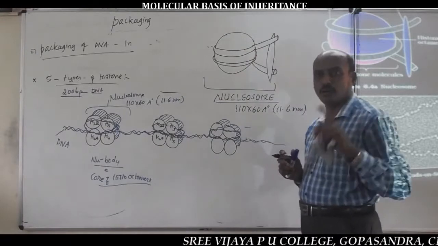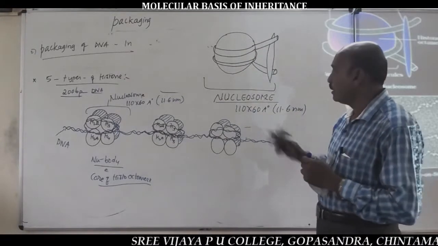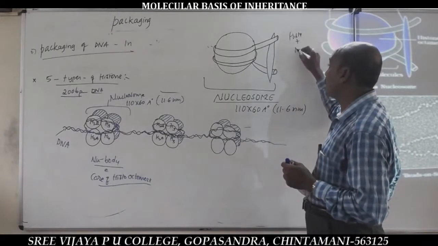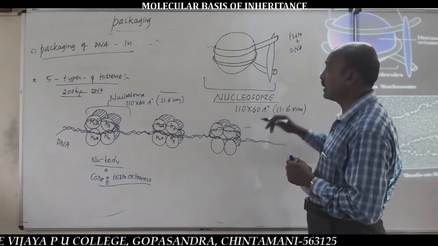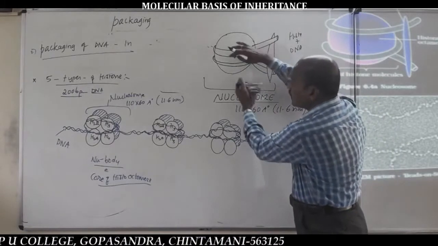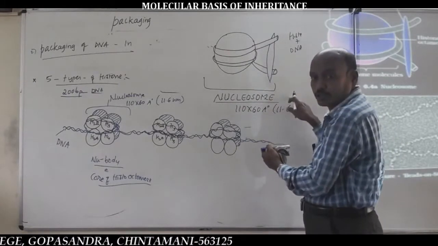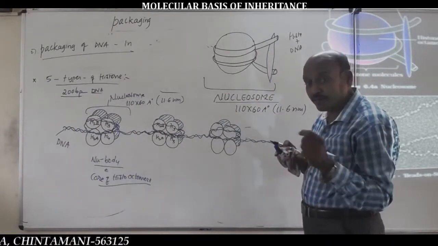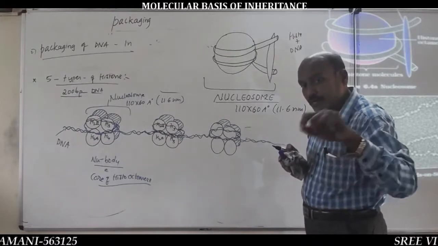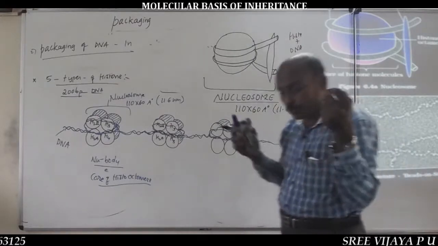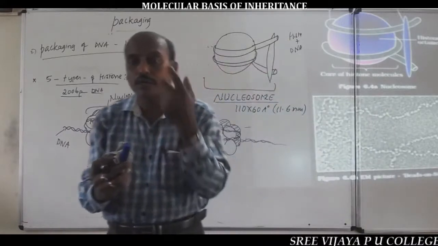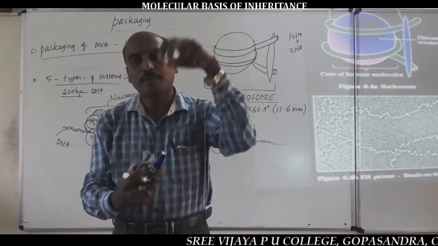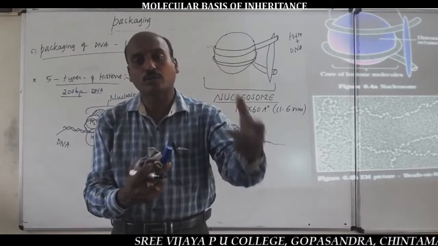So you should remember one important concept for CET. Nucleosome contains both histone proteins and DNA. Listen here, histone octamer with the DNA collectively is called nucleosome. But the octamer directly is never called a nucleosome, because it is the core of 8 histone proteins. Only histone proteins, only basic proteins are present in the histone octamer.